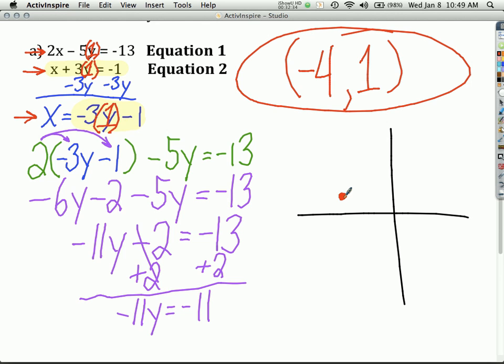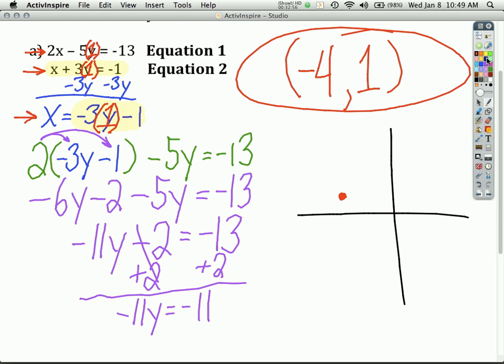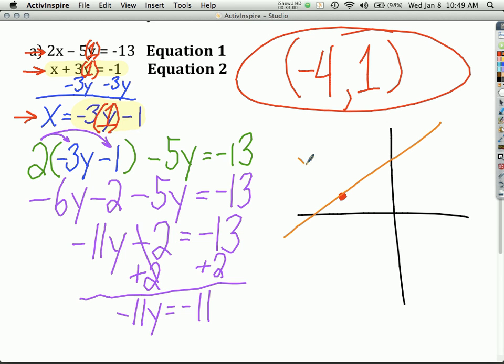The x-intercept would be negative 6.5, so it would be somewhere over here. The y-intercept would be 2.5, something like that, so it would be over here, so there'd be a line going like this. One line would go something like this, and then the other line would go something like that.